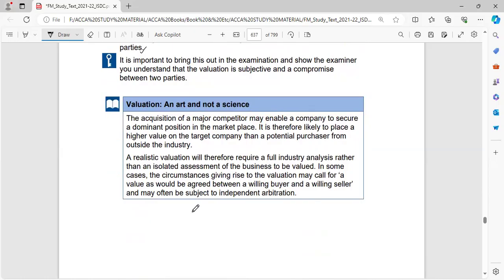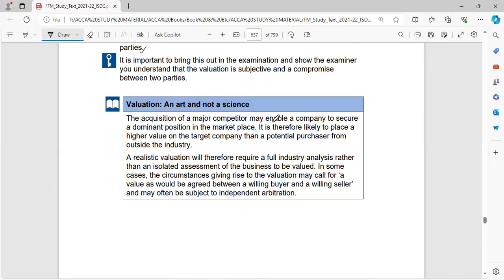It means that whenever you want to acquire a company, you will definitely evaluate the market price. But the market price is based on some characteristics or features, which include our future earnings and the expected dividend growth rate.